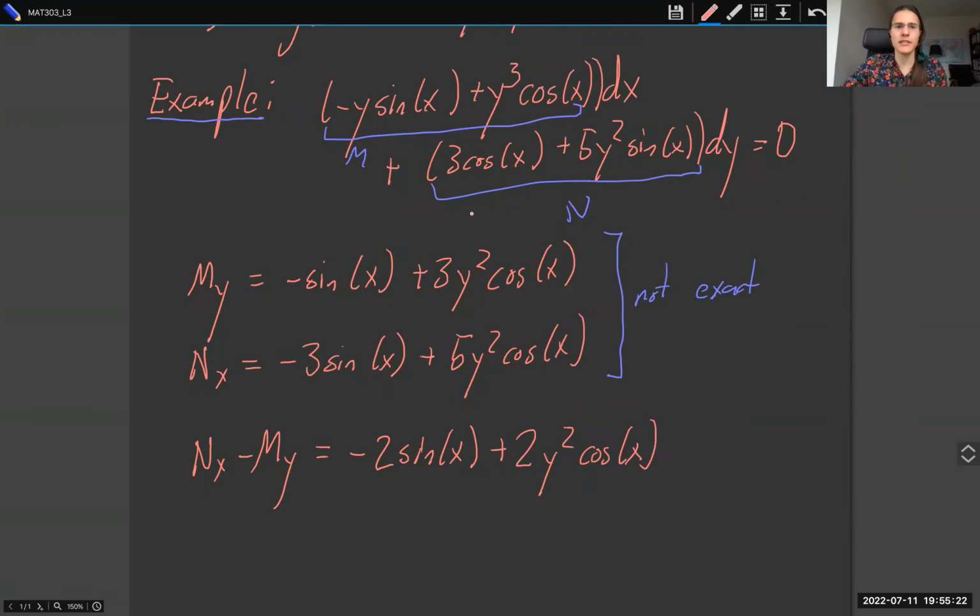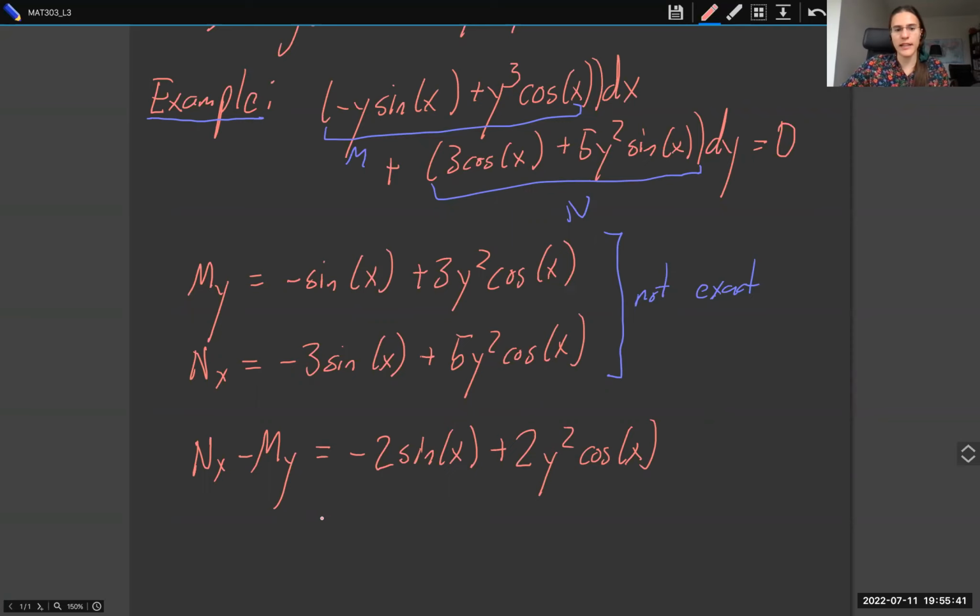Now let's compare it to this expression. Sine x, y squared cosine x, except there's a power of y1 and y3 here, and here there's y0 and y2. However, this looks promising because this does look like a multiple of that.